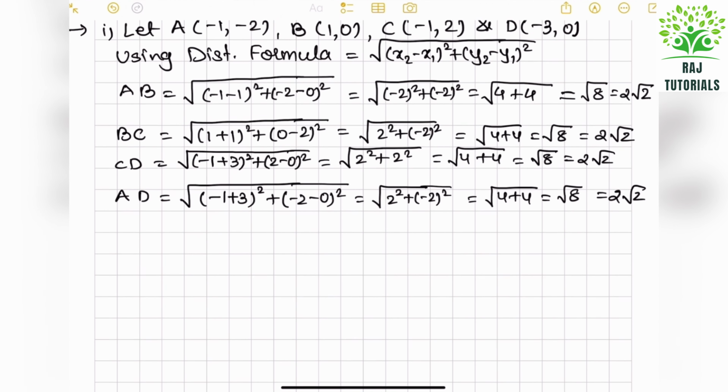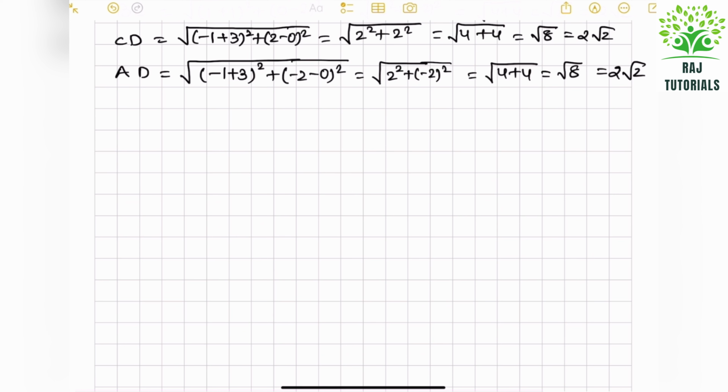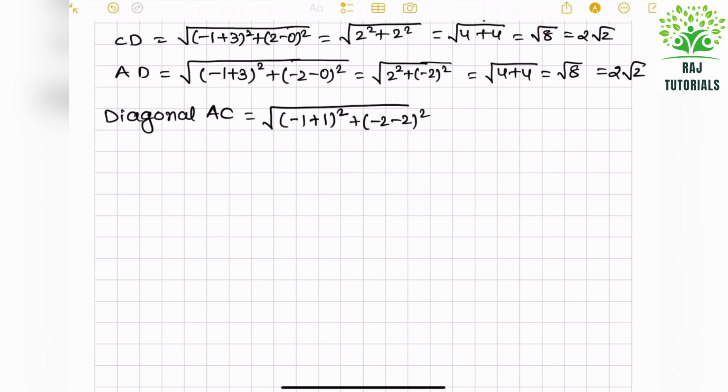Now let us find the diagonals. So let us also check the diagonals AC and BD. So diagonal AC will be equal to root of (-1 minus of minus 1), so plus 1 whole square plus (-2 minus 2) whole square.